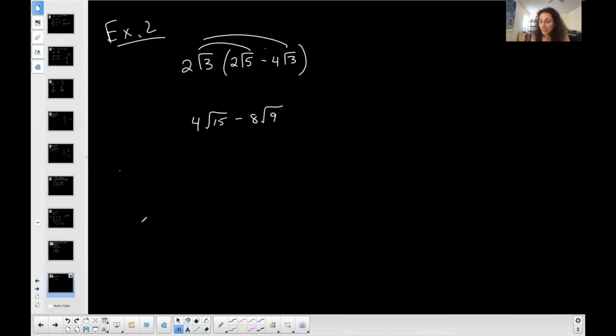Simplify if I can. The square root of 15: 15 is not a perfect square, and there is no factor of 15 that is a perfect square. So this is going to stay as is. Square root of 9, however, can be simplified into a 3. So I'm going to rewrite this. I have 4 times the square root of 15 minus, this is 8 times 3, which is 24.